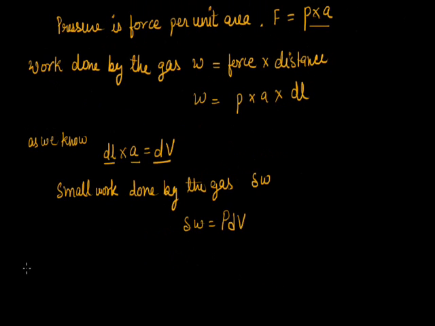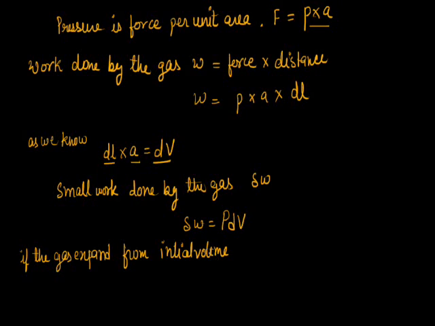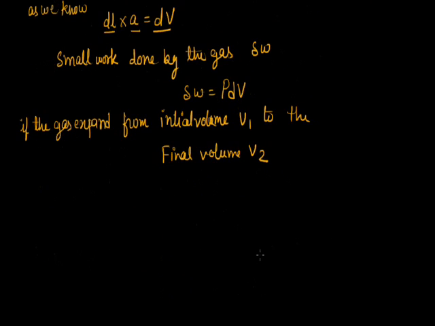If the gas expands from initial volume V1 to the final volume V2, what will be the total work? Total work done is W is equal to integration from V1 to V2 of P dV.